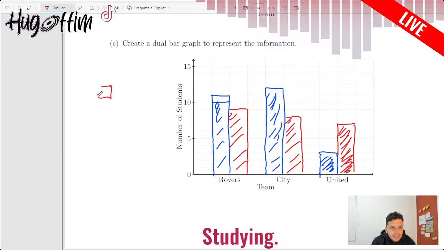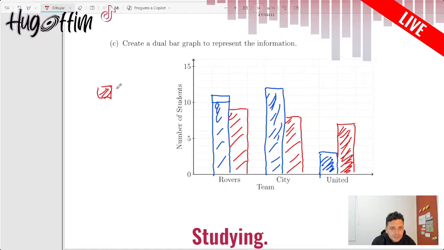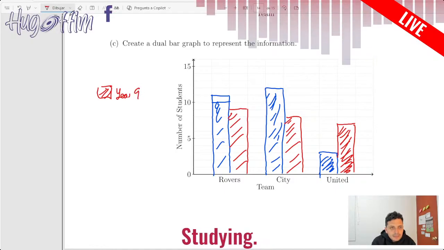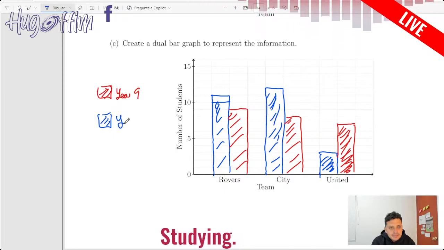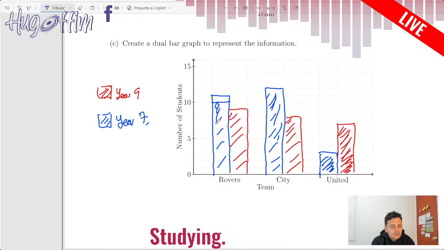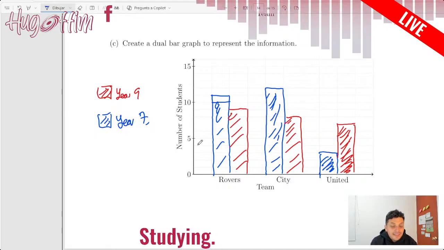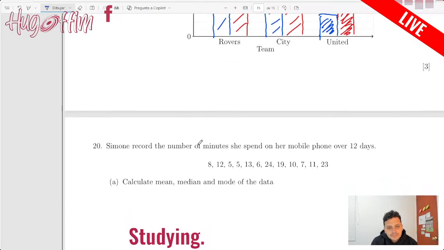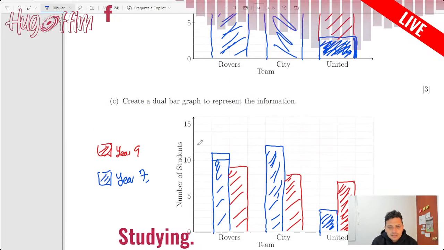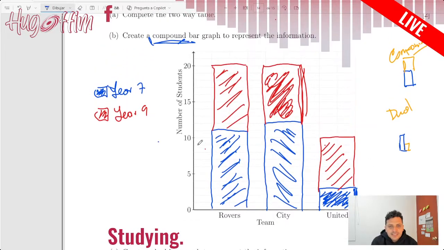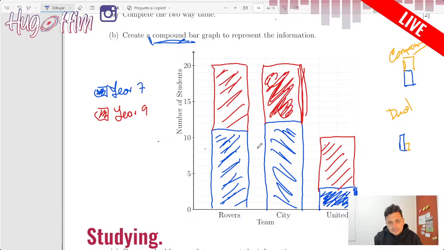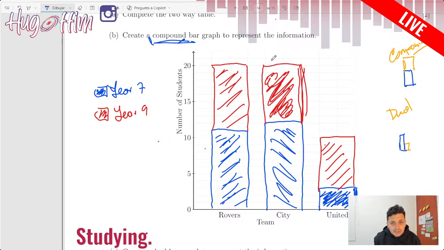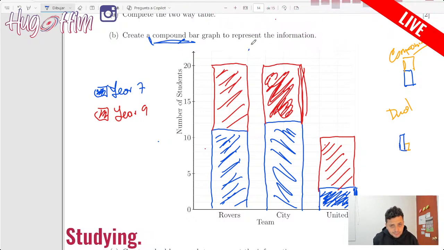Okay, remember to label, like putting year 9 and in blue year 7. This is how to do a dual bar graph. The difference between both. Done. That's it. For example, which one is the model between all people?